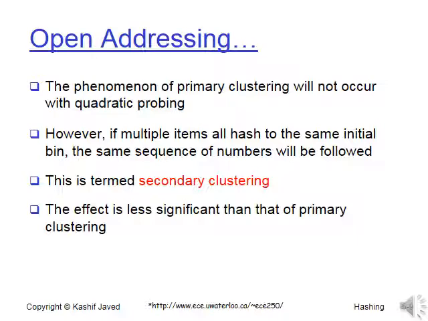Quadratic probing requires more computation power than linear probing, and it's not as simple and easy to implement as linear probing. Primary clustering is avoided by using quadratic probing, since the probes are not sequential.